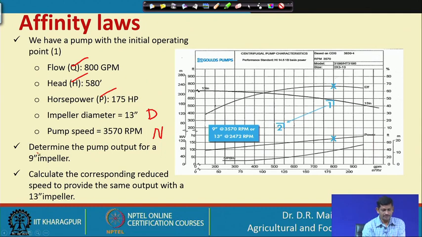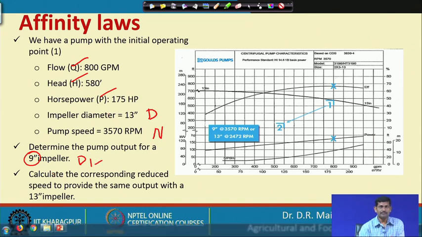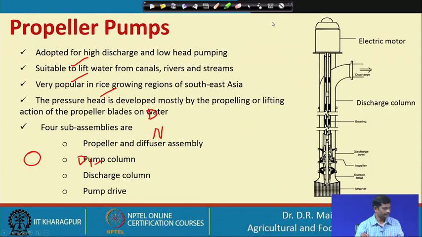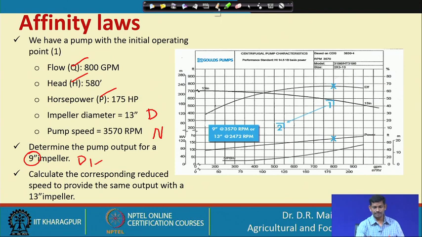Here, question number 1 is to determine the pump output for a 9-inch impeller, that is, D1 is given. For D1, what will be the capacity and head and all of this? You can use the affinity laws. We know that Q by Q1 is equal to D by D1.